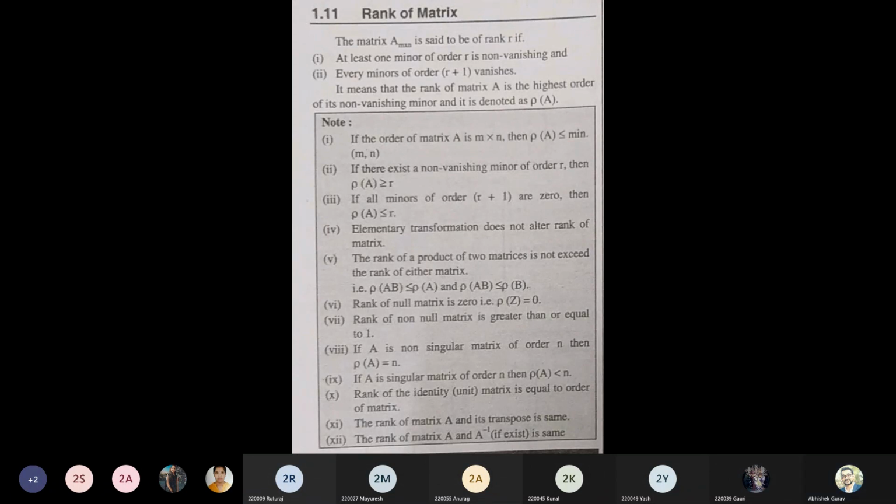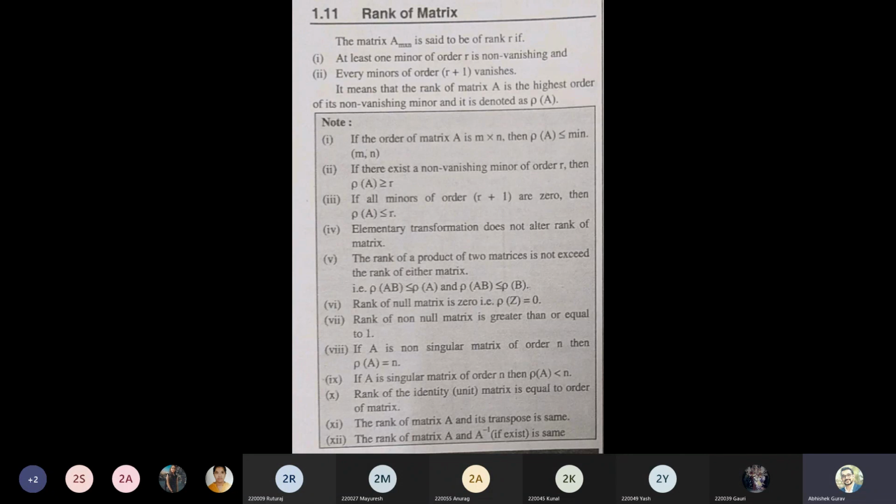After that, next, the rank of the product of two matrices does not exceed the rank of either matrix. Okay, means clearly there are two matrices, the first matrix has rank 2, the second has rank 2. So when we take the product of both matrices and find that matrix, that time also the rank is 2 only.